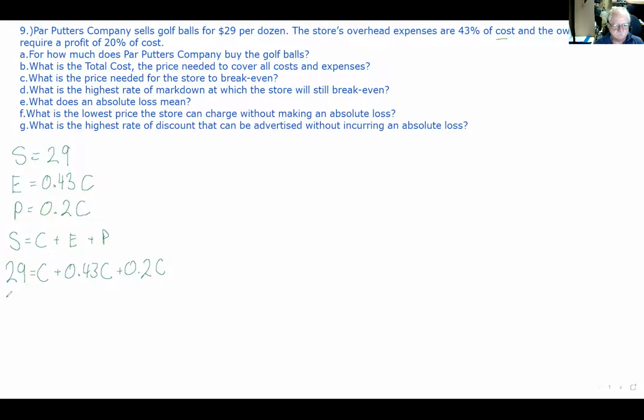So this becomes 29 equals 1.63 cost, which allows us to solve for cost. Cost equals 29 over 1.63. That becomes $17.79. So we now know their cost.